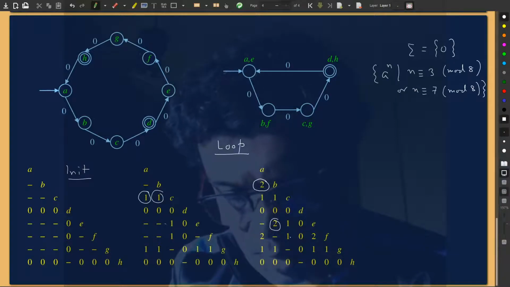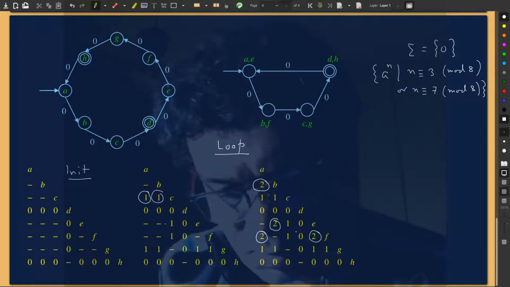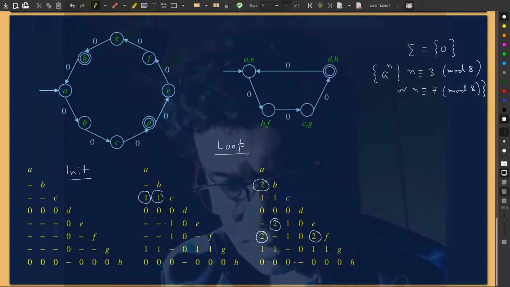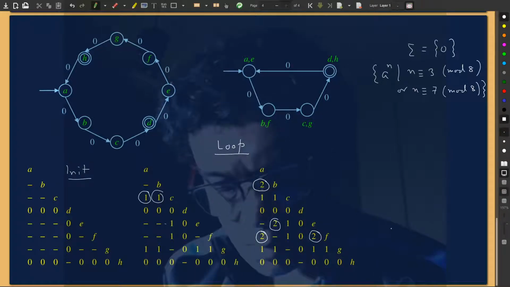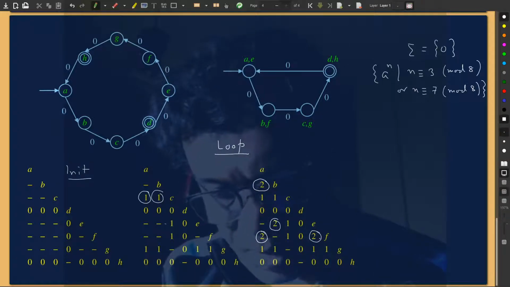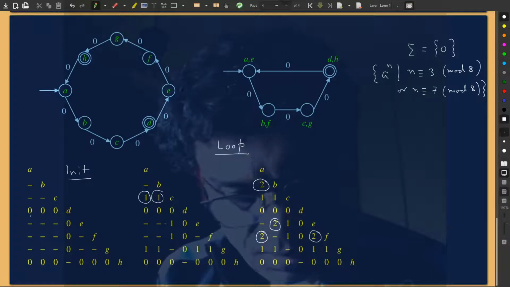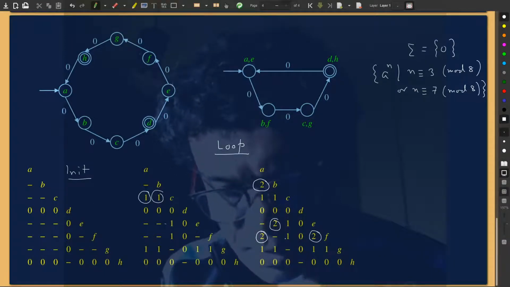I can mark this because of this one, and so on. So only these 4 markings are possible. And then you can see that you cannot mark this, and this. So that is the end of the procedure. But this 2 indicates that I have marked in the second iteration of the loop in step 3. Okay, 0 means initialization, 1 means first iteration, 2 means second iteration.